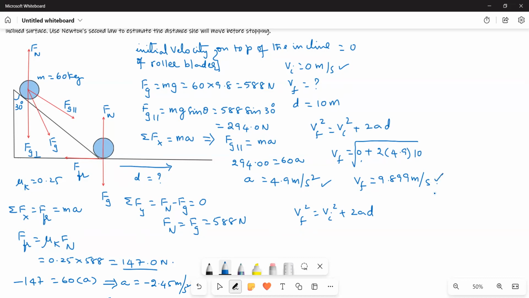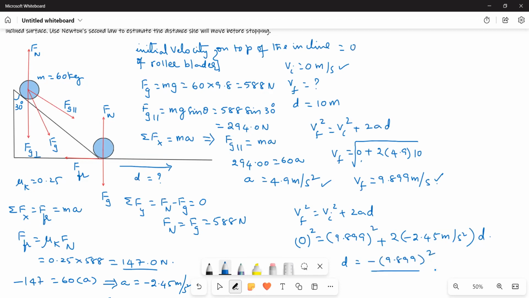So 0 square is equal to 9.899 square plus 2 times negative 2.45 meters per second square times d. Therefore d is equal to negative 9.899 square divided by negative 2 into 2.45. That gives a value of 20 meters.